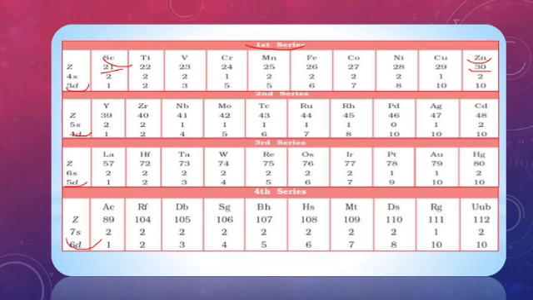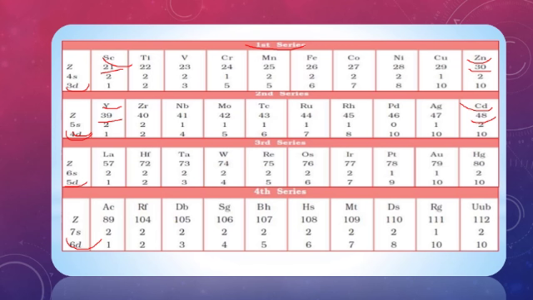In the 4d series, the last electron enters into the 4d orbitals and it is known as the second transition series, from yttrium to cadmium, from atomic number 39 to 48. Or we can say that it contains 10 elements.